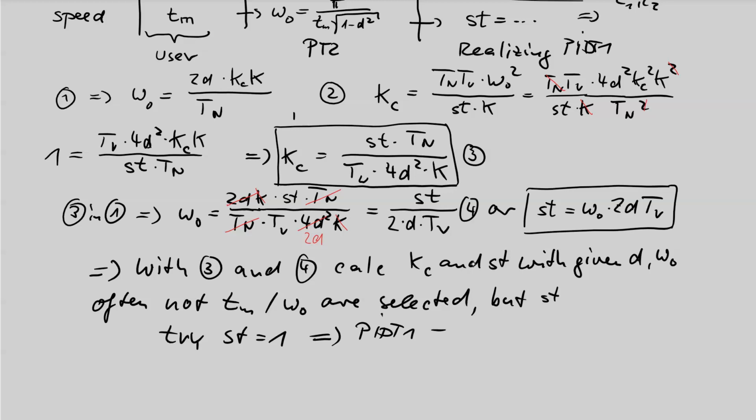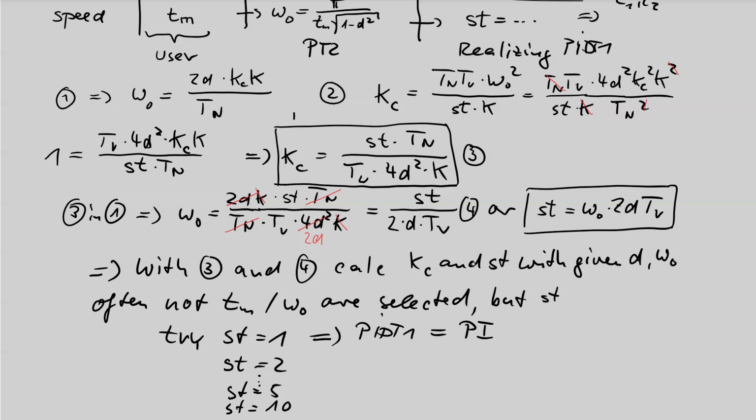PIDT1 moves into a simple PI. So this design also gives the PI design. Set just step depth value to 1, and then these equations are just PI design equations. Then if this is not fast enough, try step depth 2, step depth 5, maximum step depth 10.